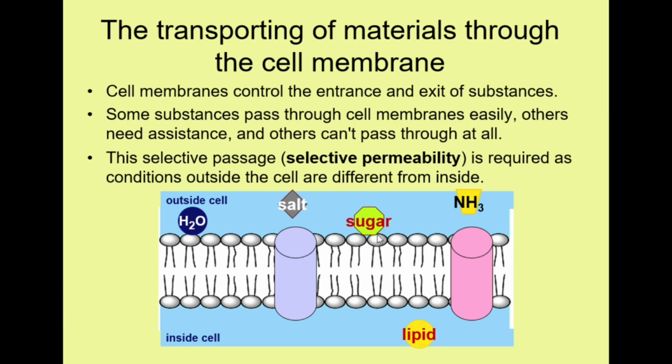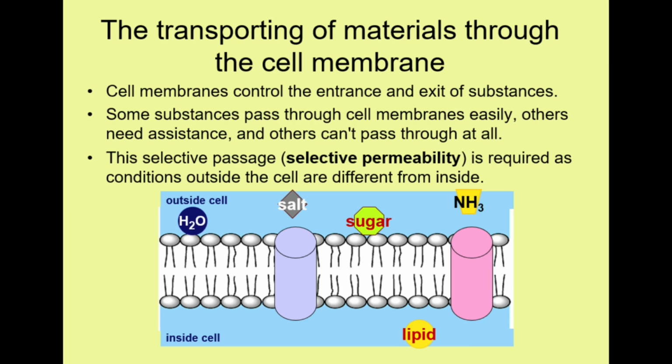Larger, more complex molecules like sugars, they're unable to. They cannot get through the phospholipid bilayer. The same with salts and the same with ammonia. But what we notice with these, particularly ammonia up here, is that it passed through these cylinders here. And you know what these cylinders are, because they are the transmembrane proteins that we talked about just now.